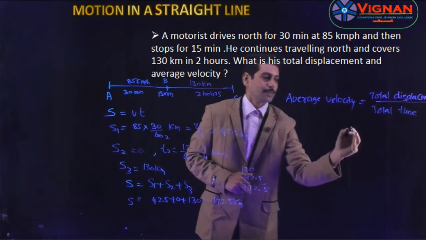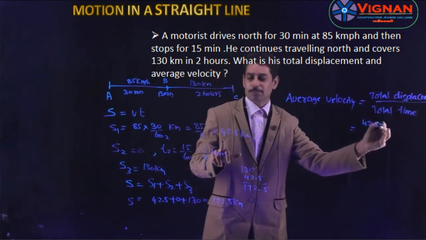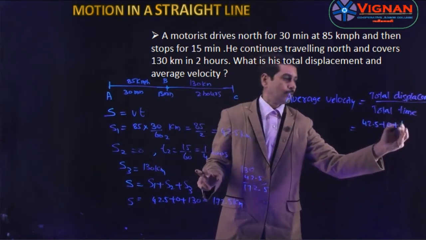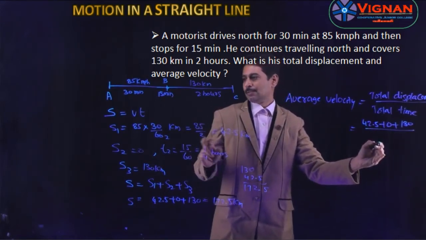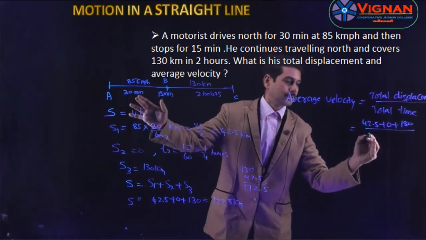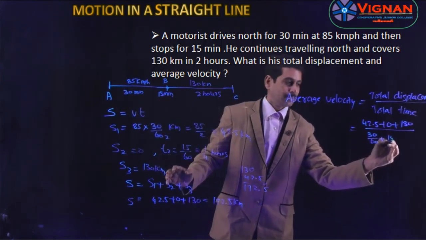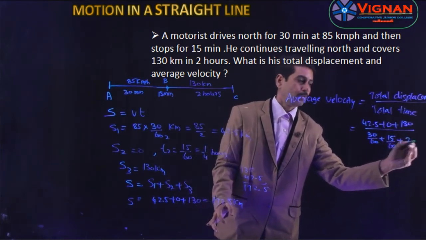So total displacement is S1, which is 42.5, plus S2, which is 0, plus S3, which is 130, divided by the times: T1 is 30 minutes, so 30 by 60, plus T2 is 15 by 60 and T3, it is in hours, is nothing but 2 hours.